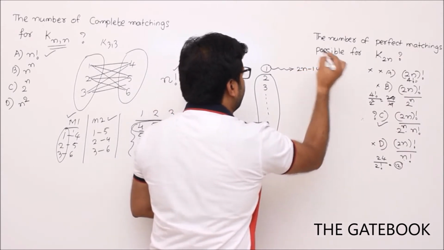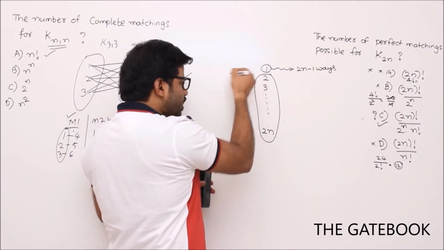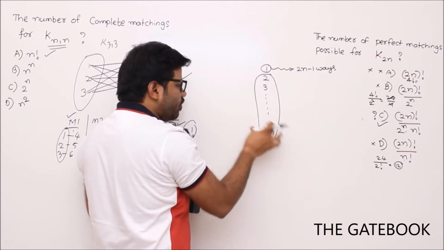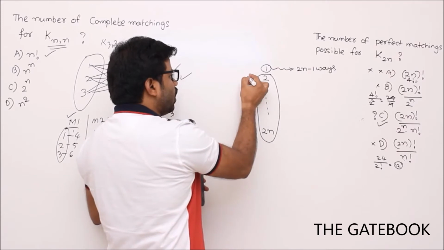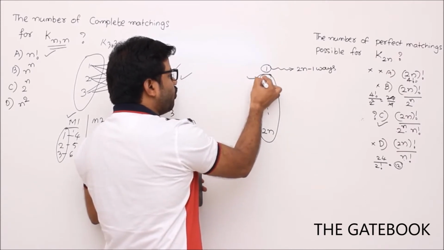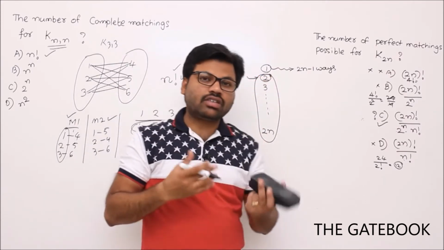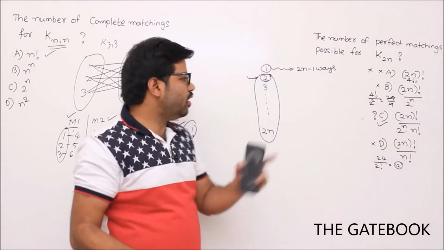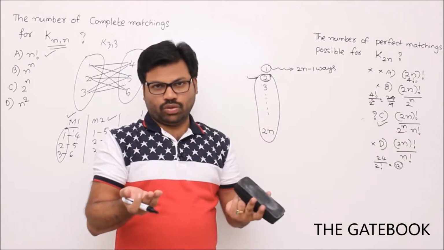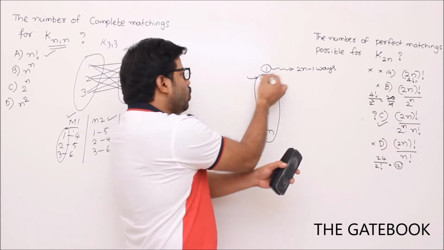Then the next vertex in this line, so I arrange them in a line first. If 1 gets 2n minus 1 options, now the next element. Why am I saying next element, why am I not saying 2? I will tell you. If 1 takes 2 as a partner, then we don't worry about 2, right? So if 2 goes, no problem.